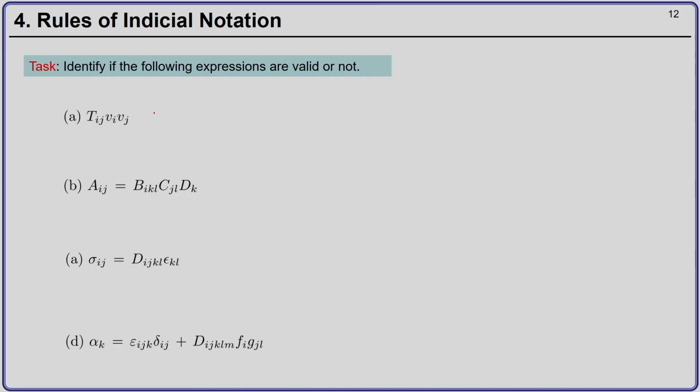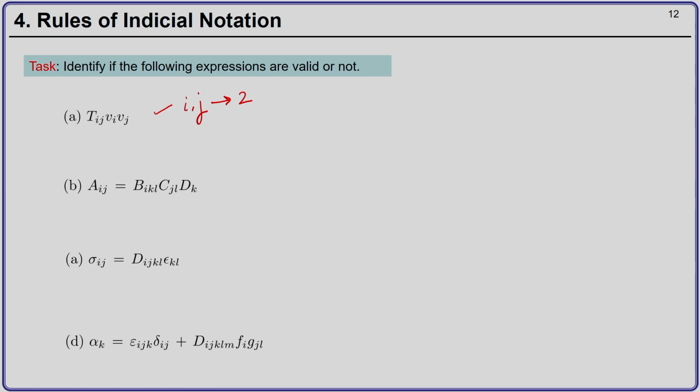So, we can see that there is one symbol grouping here, only one product term, T_ij V_i V_j, and both i and j are repeated twice. There are 2 i's and 2 j's, and there are no free indices. Okay? So, all the 4 rules that we mentioned in the previous slide are satisfied. Therefore, this is a valid expression.